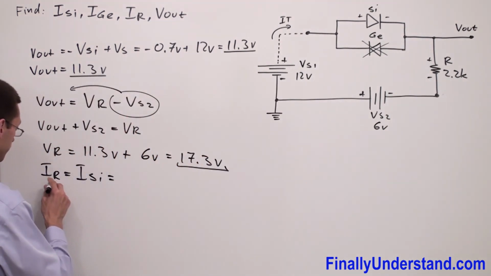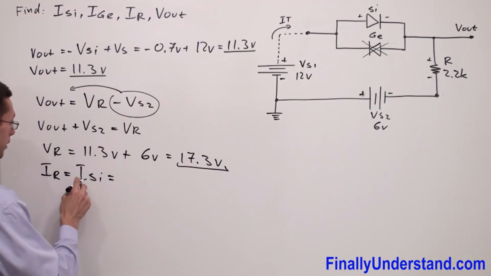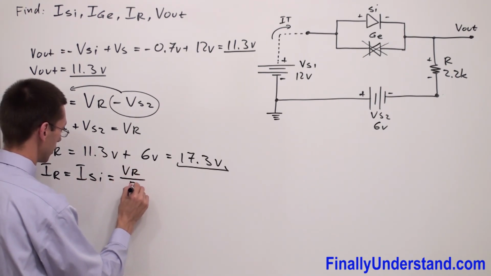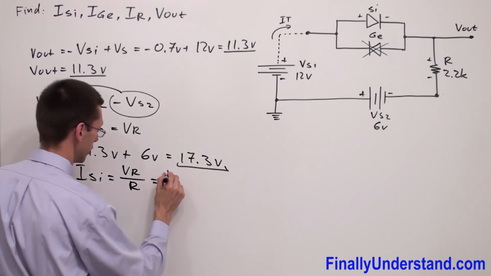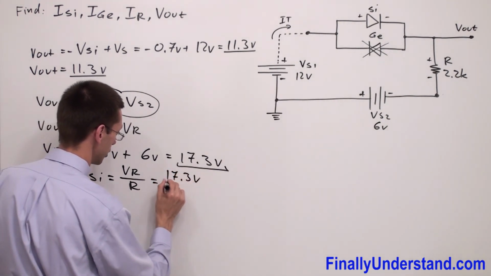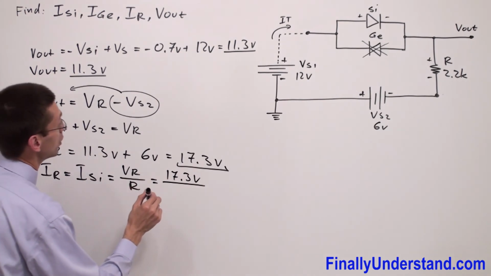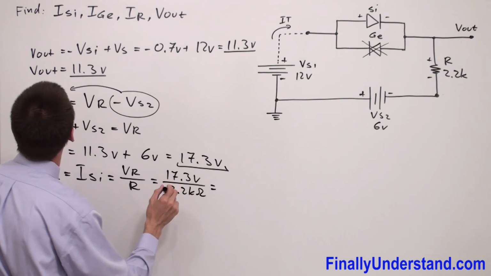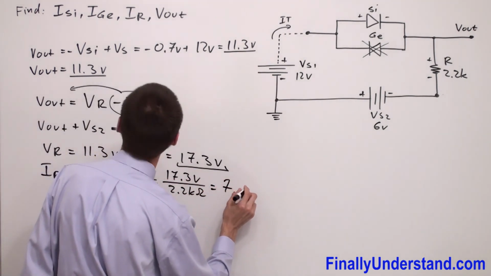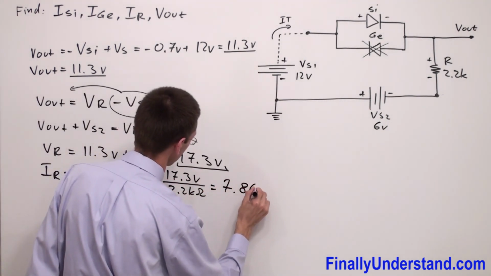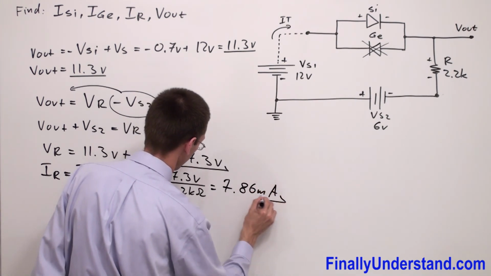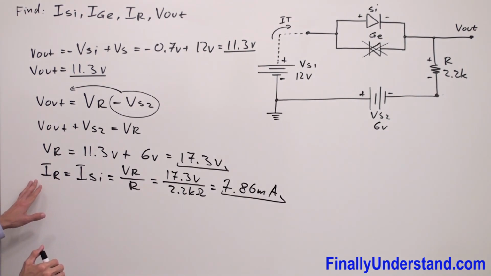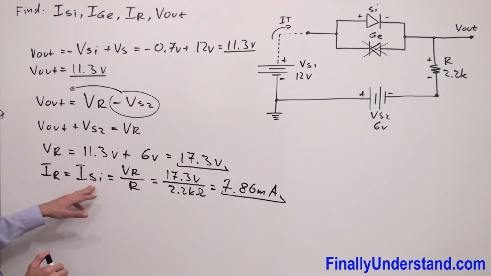So I can say that IR is equal to I silicon, and this is equal to VR over R, where VR is equal to 17.3 volts over the resistance, which is equal to 2.2 kilohms, and this is equal to 7.86 milliamps.